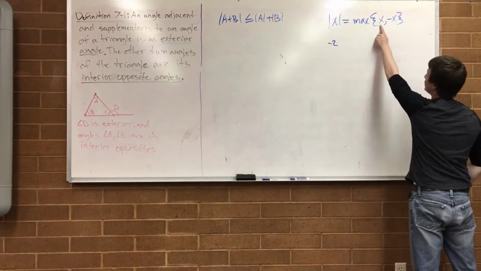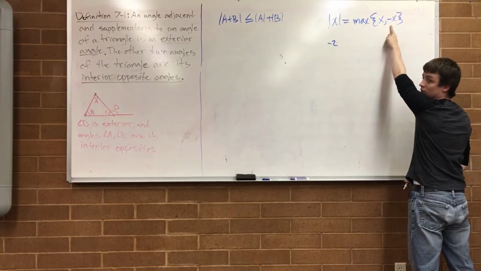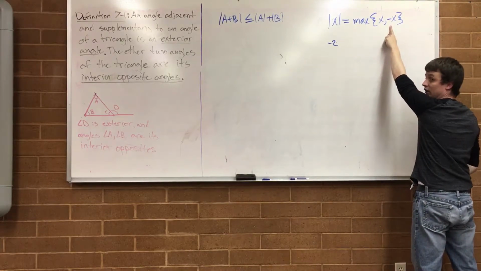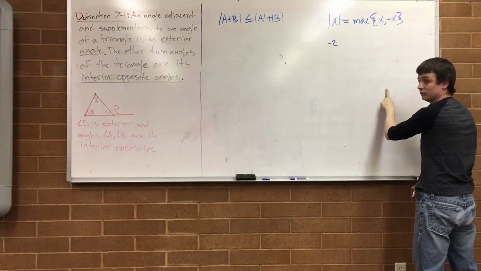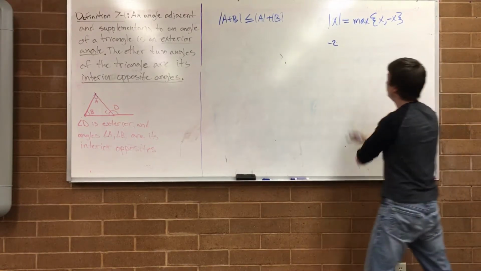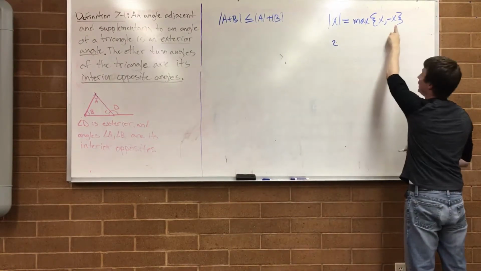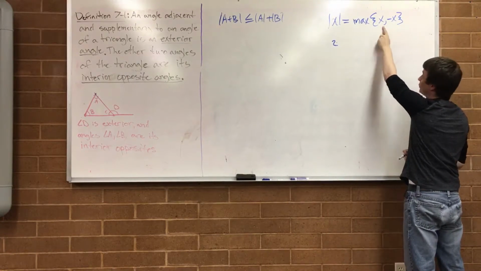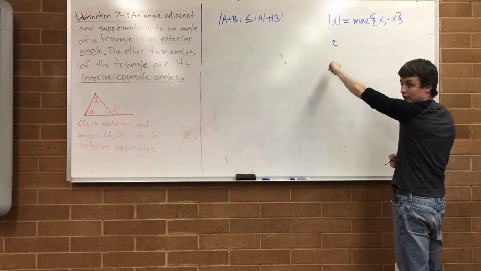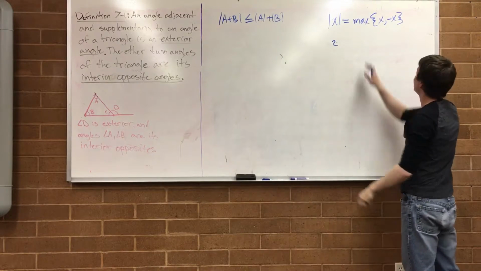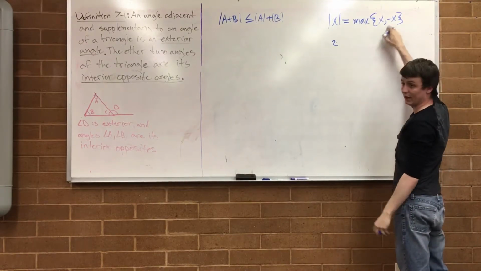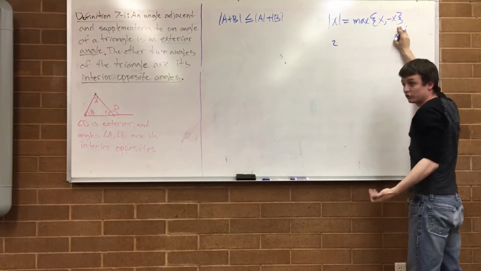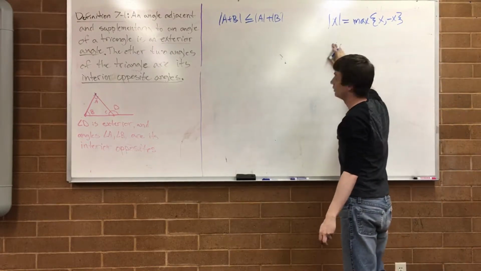What's bigger, negative 2 or negative negative 2? Negative negative 2. So it spits out negative negative 2. Put 2 in there. What's bigger, 2 or negative 2? 2. So it spits out 2. Do you see that? Spits out the max of whatever's bigger between x and negative x. That's the definition of absolute value.